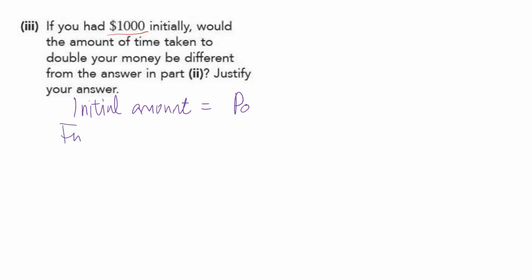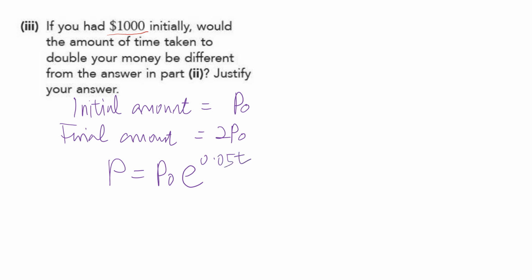But you want your final amount to be twice of it, so twice of P0 means 2P0. We're going to substitute this value into our formula. Our formula is P equals P0 e to the power of 0.05t, where P represents your final amount, which can be substituted using 2P0.